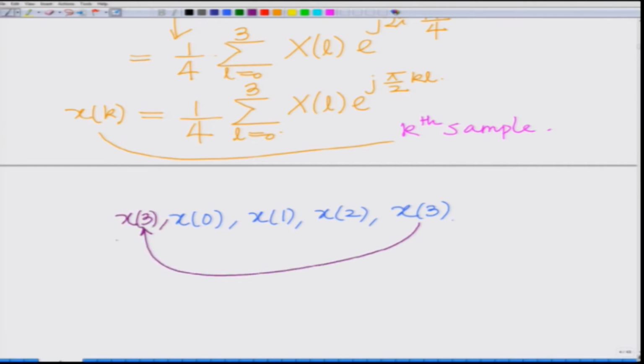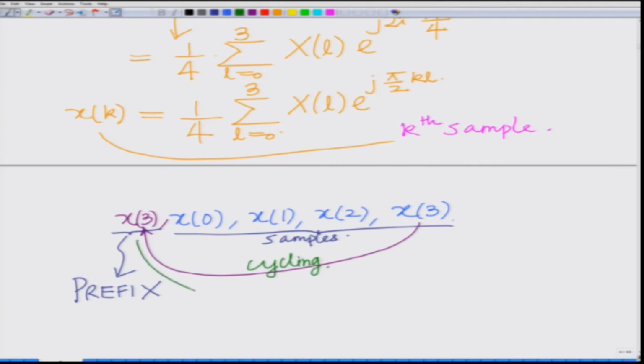So, we are doing a prefix, we are prefixing the samples. This is a very important thing. We are doing a prefix and we are cycling the samples from the end towards the beginning.